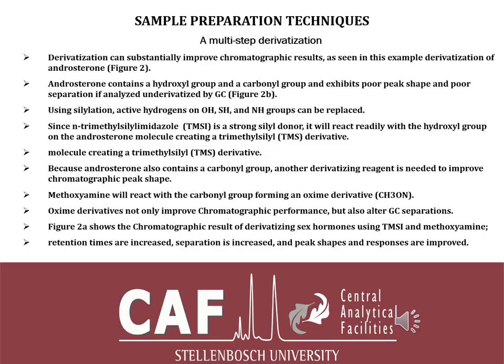It will react directly with the hydroxyl group on the androstenedione molecule, creating a TMS derivative. Because androstenedione also contains a carbonyl group, another derivative is needed to improve the chromatographic peak separation, which is why methoxyamine reacts with the carbonyl group, forming an oxime derivative. And then it can not only improve chromatographic performance but also alter the GC separation.